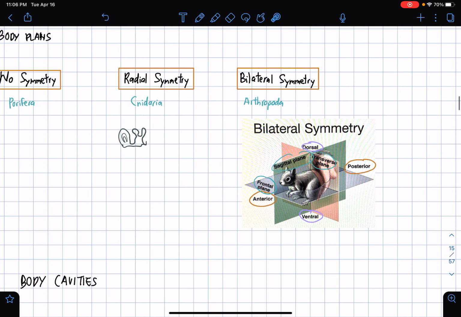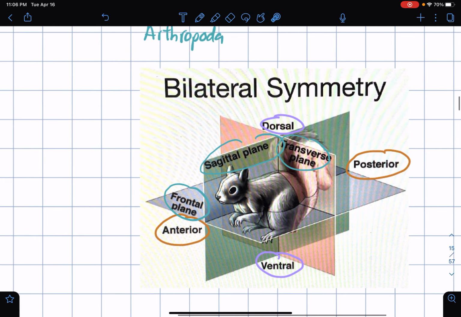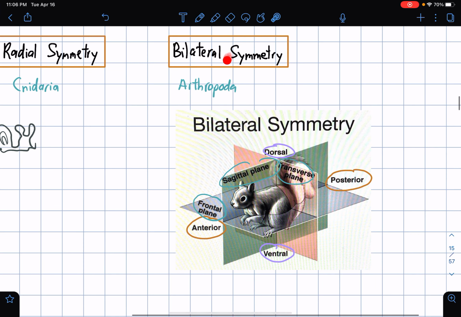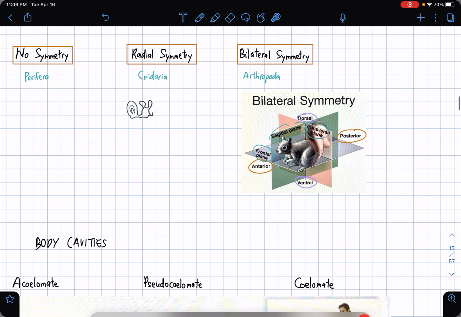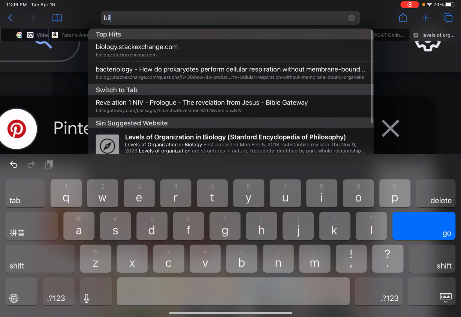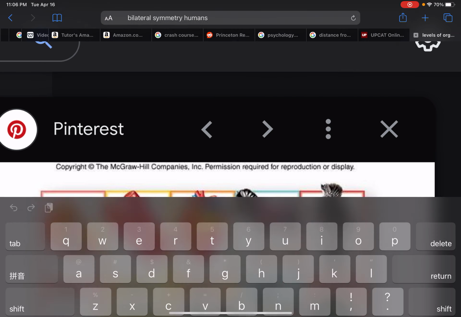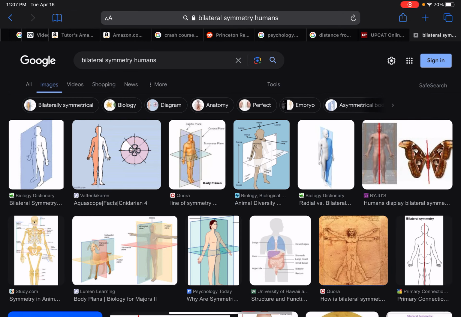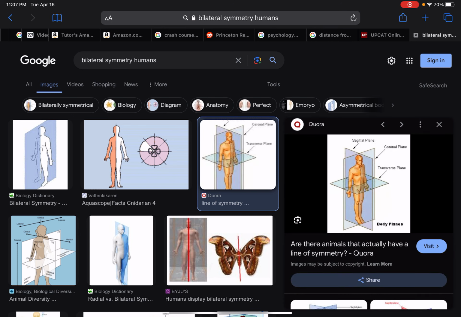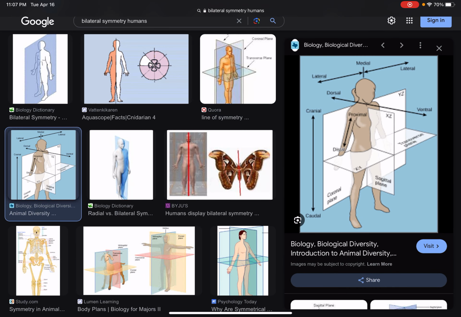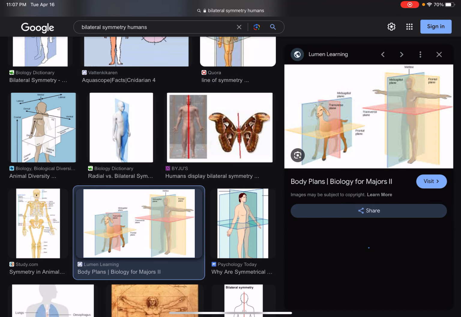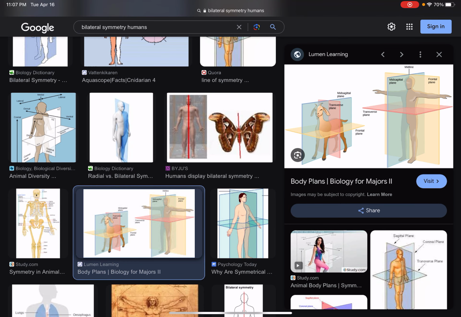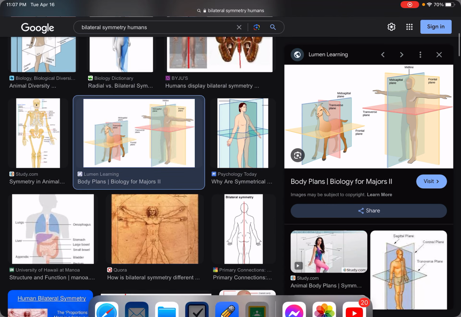We're not radial, neither are we asymmetrical. So yeah, bilateral symmetry also applies to humans. Proof. Let me show you. This is what I was trying to say. So aside from squirrels, other animals such as a goat.